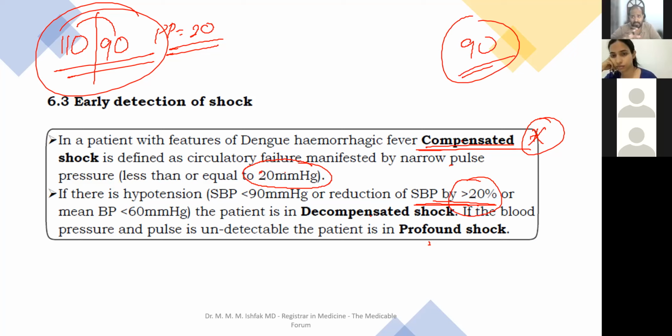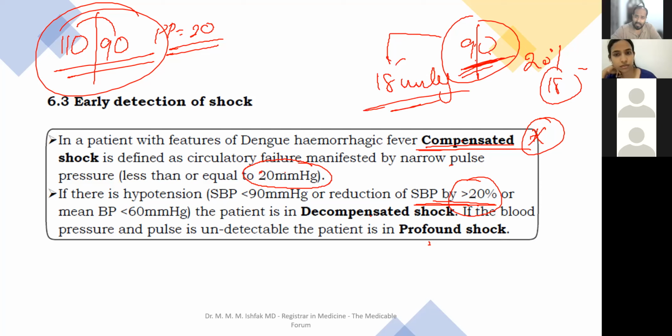What we do is we calculate 20% of this. So 10% is 9, so 20% is 18. So a drop of 18 millimeter mercury from 90 is considered as a decompensated shock in a patient whose baseline blood pressure is 90 systolic, right?